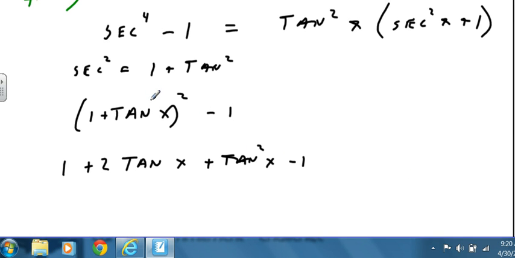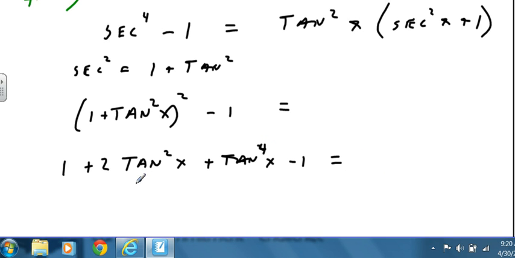Oh, that's not right, because this is a square here. That has to be a square there. That's a 4th power there. Okay. And that's supposed to equal this guy over here. Okay, so that looks good.